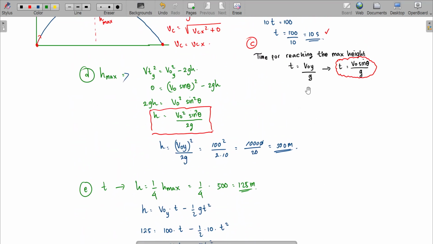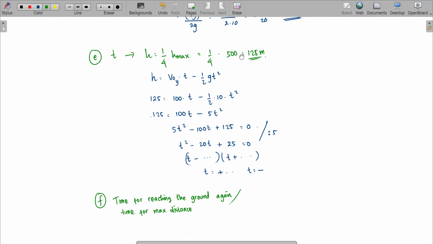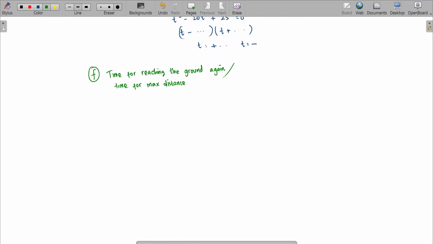Because you already know that the time for reaching the maximum height is V0 sin theta divided by gravity. So until reaching the ground again, it's twice. So the time in here equals V0 sin theta over gravity times 2. So this is the result. So the answer is 2 times 10 seconds equals 20 seconds.